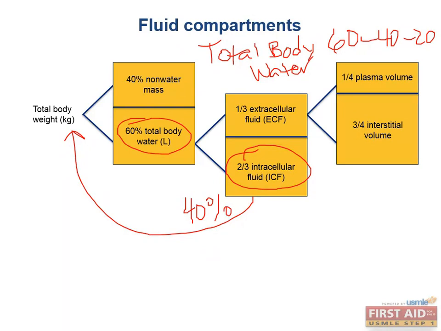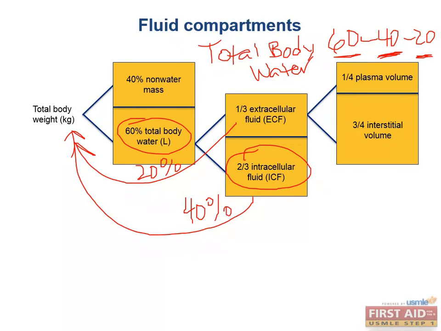The extracellular fluid, on the other hand, makes up 20% of the body's entire weight, which is also 1/3 of the total body water. So the 60-40-20 rule means that 60% of the total body weight is water and 40% of the body weight is intracellular fluid and 20% of the total body weight is extracellular water.